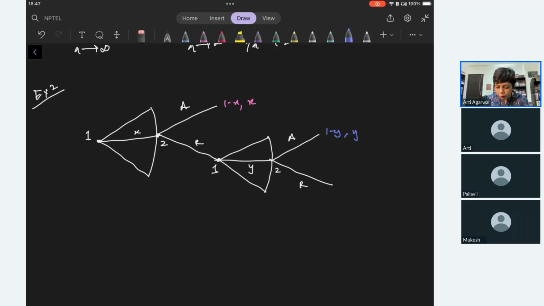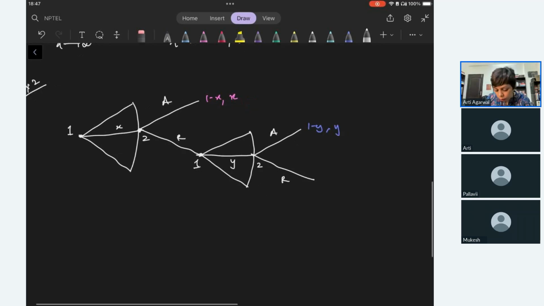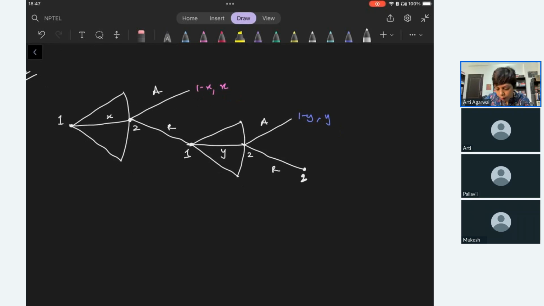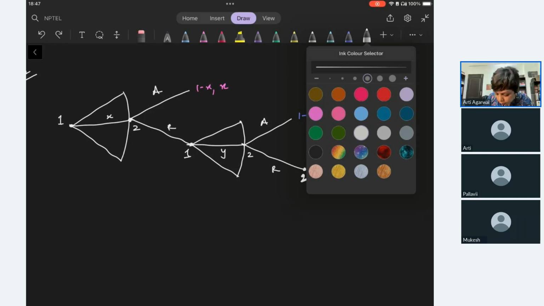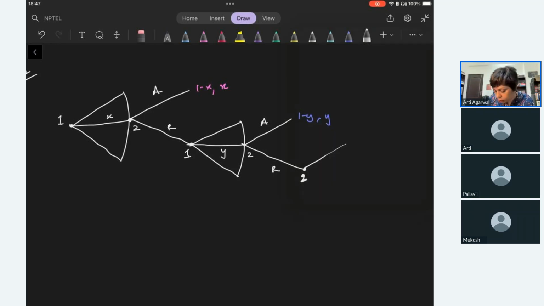Now if player 2 rejects, then player 2 is going to act at this node, and he's going to offer, what happened here? Sorry, there's something wrong with my pencil actually. I need a new pencil.